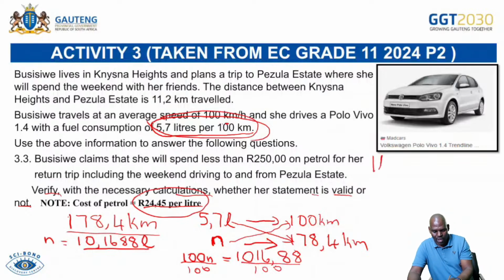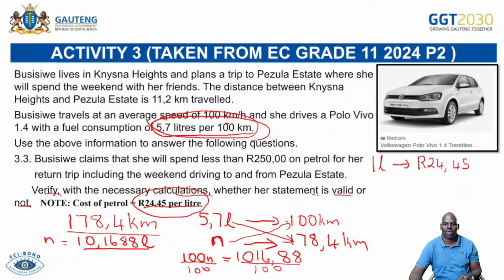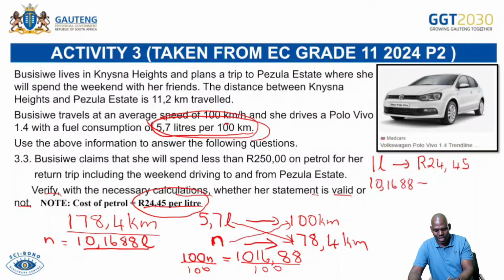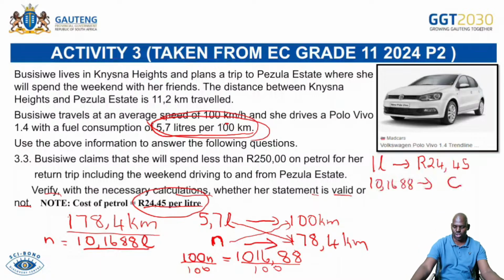Okay, so 10.1688. Now from this information again, I know that 1 liter costs 24 rand and 45 cents. But the car consumed 10.1688. Now I want to know the cost. I can use letter C for cost, then I cross multiply.